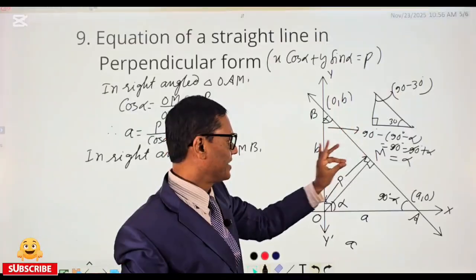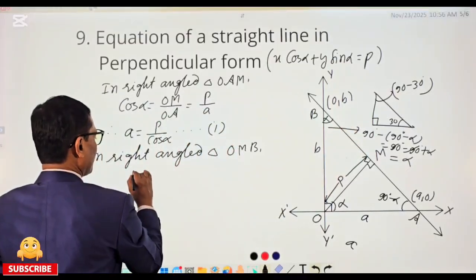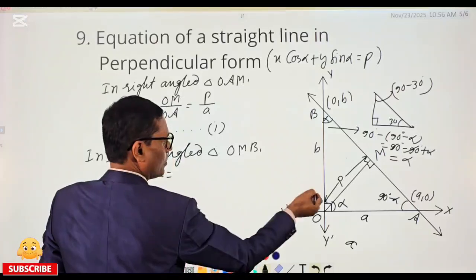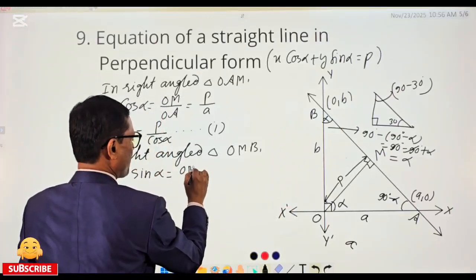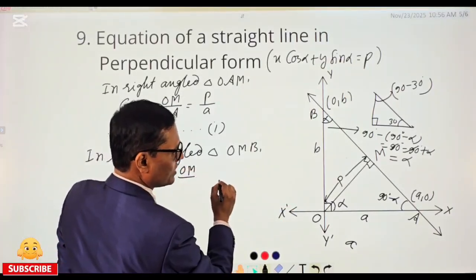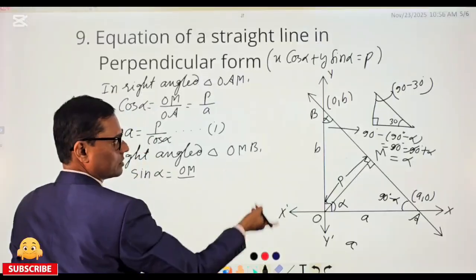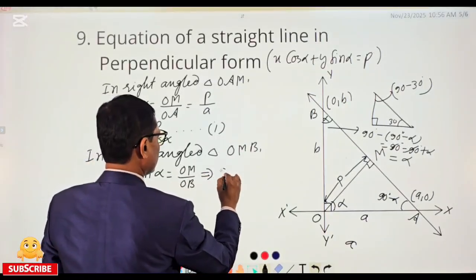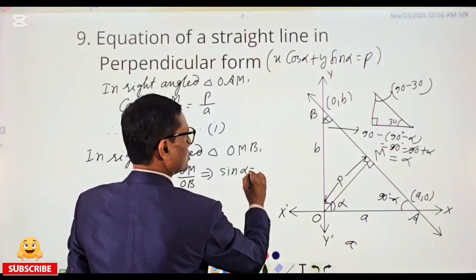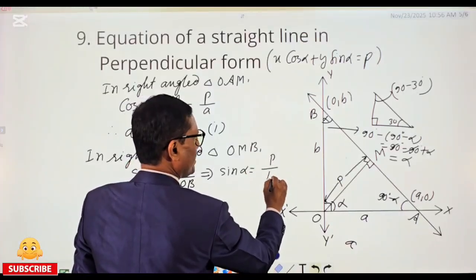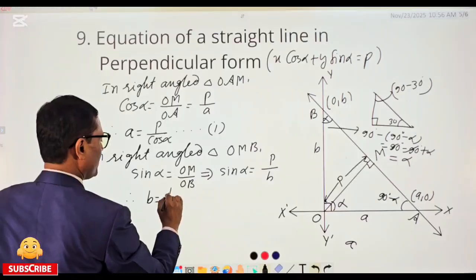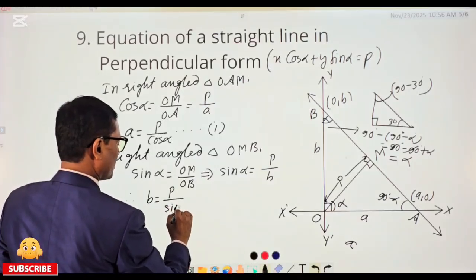Let's apply sine here. So sine alpha equals OM over OB, that gives sine alpha equals p by b, and therefore b equals p by sine alpha.